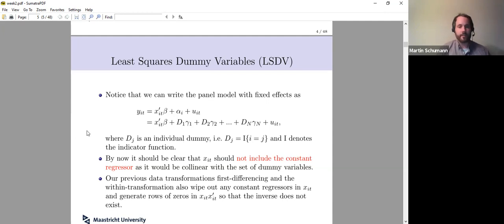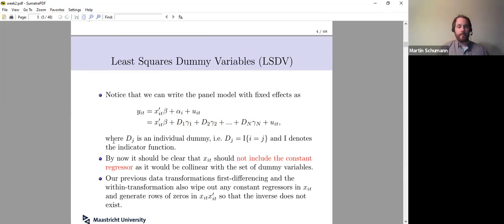Now if you look at this, and you remember the dummy variable trap from previous courses, it should be clear that there should be no constant regressor in this model, because if there was a constant regressor, it would be collinear with the sum of all these individual dummy variables.